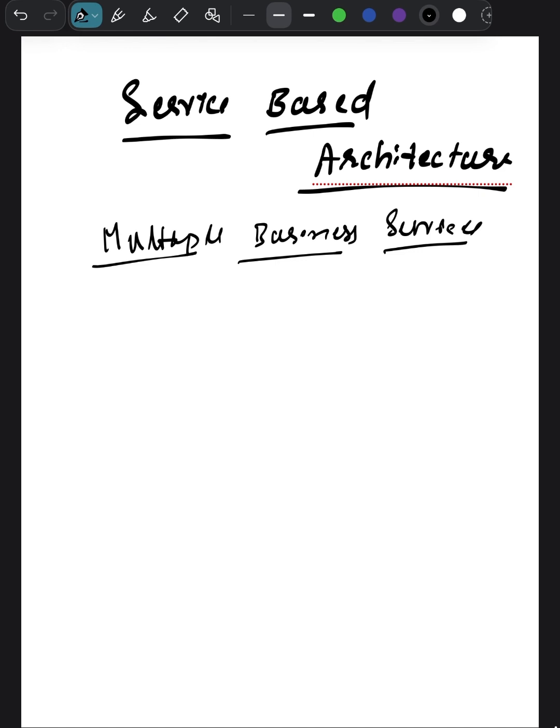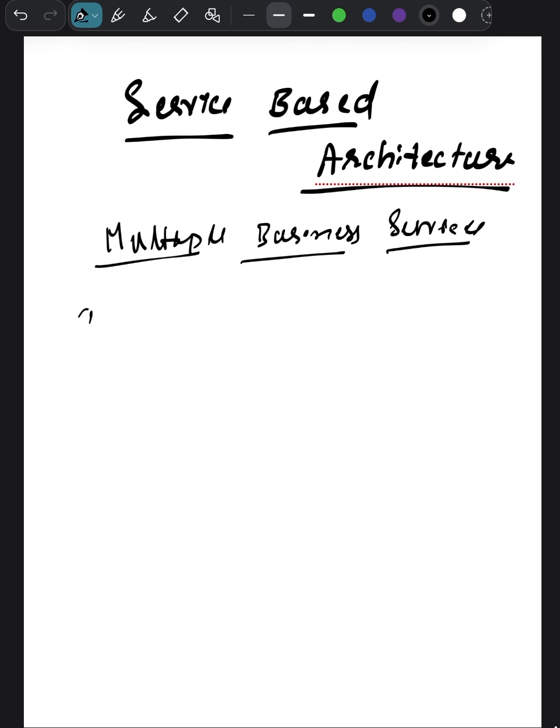Now, the authentication service verifies the customer's identity. The account service checks whether the sender has enough balance. Pay attention to the services here, right? The authentication service verifies the customer identity.